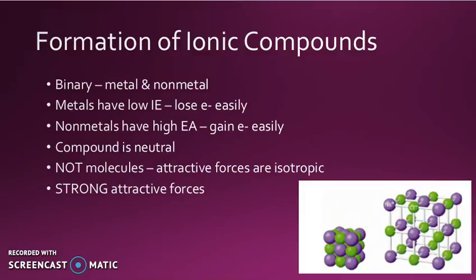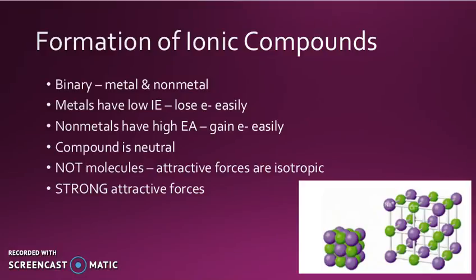We need to remember that while the ions themselves are charged, the compounds overall are neutral, so we need enough positive ions and negative ions, in the correct ratio, to balance out and make sure that the compound overall is neutral. Also, it is not a molecule. A molecule would indicate that 2 specific ions are linked together, but they're not.